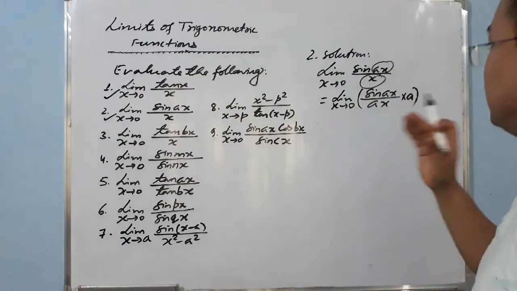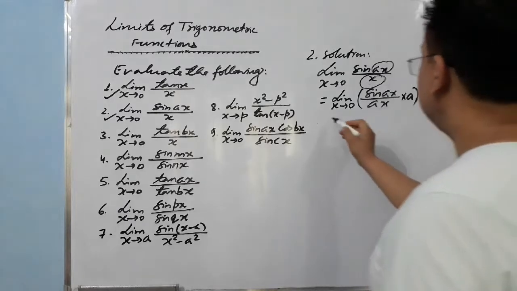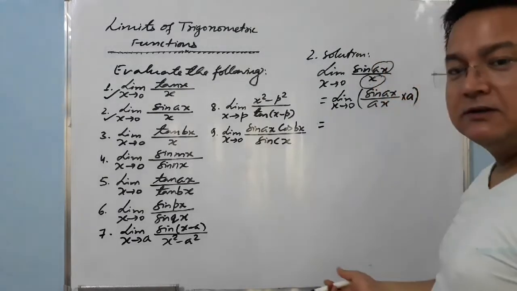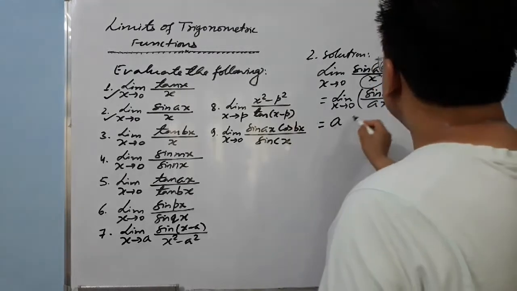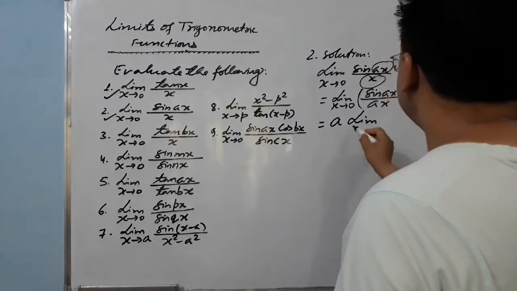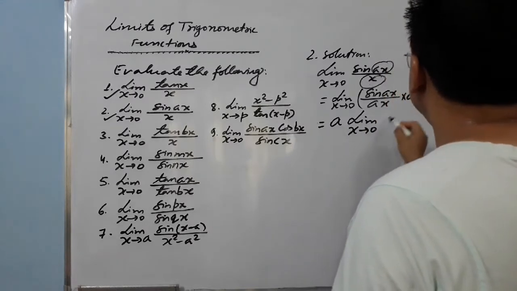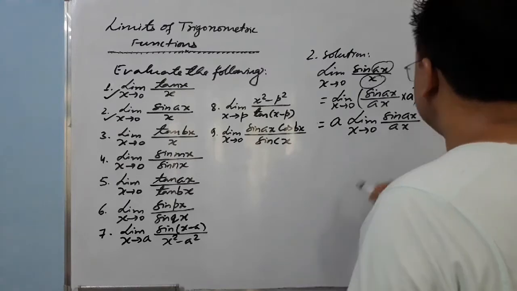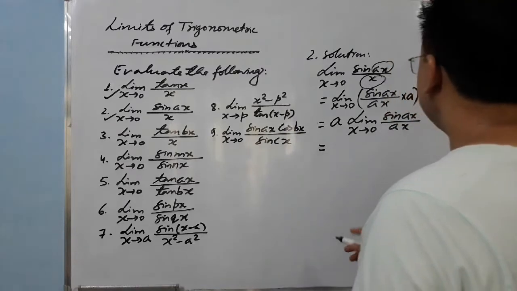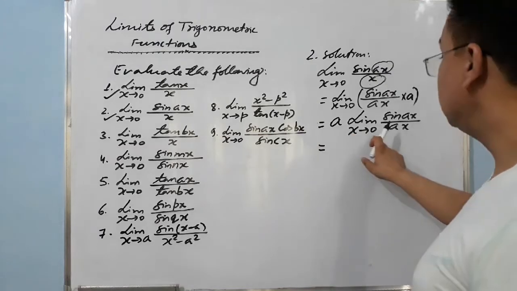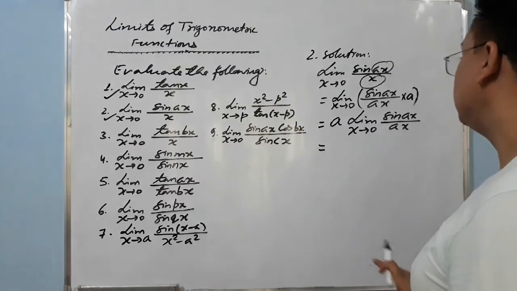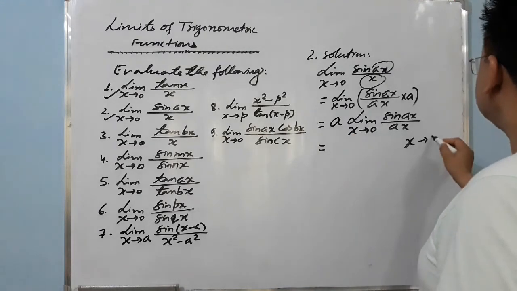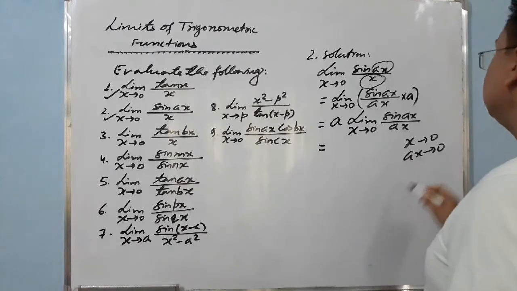So I think it's now clear how to make them the same. Now a is a constant, so we can write it outside: a times the limit as x tends to 0 of sin ax over ax. Either you may write ax tends to 0 or simply x tends to 0, it doesn't matter. As x tends to 0, ax also tends to 0.